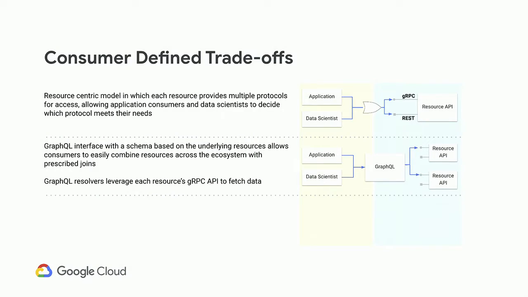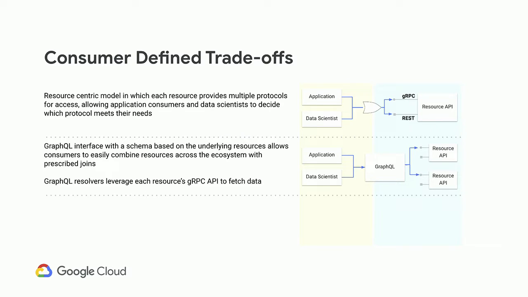So we've got a GraphQL server that, again, can be used by any of our consumer personas, bench scientists, data scientists, enterprise application. They can use this GraphQL server, which in turn calls our gRPC APIs, right? So we get the performance of calling gRPC APIs, but we can do a prescriptive join of that data for the consumers.